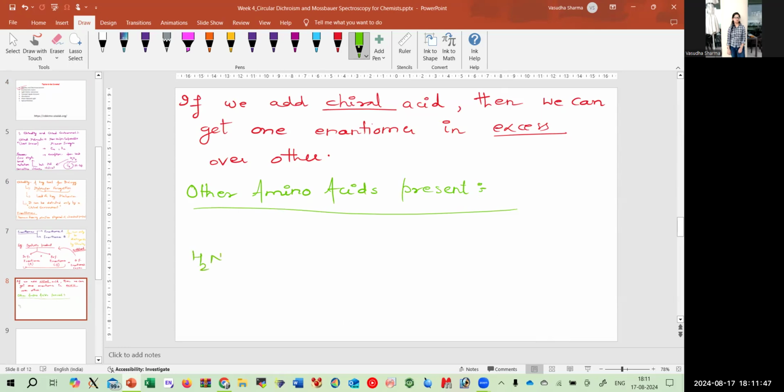If this is your alpha group, this is from your beta. So this is the secondary chiral center. It is called isoserine because in serine we were having ROCH2H, and similarly it has some derivatives.